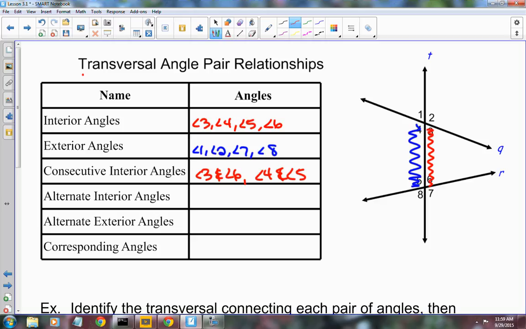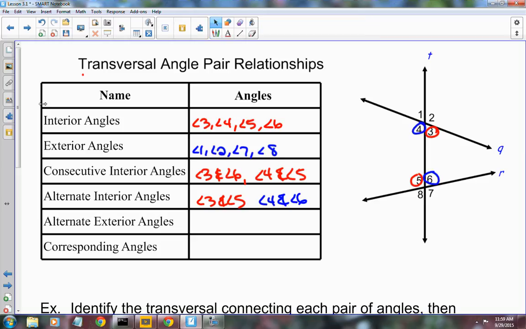Those are consecutive interior. Then the next ones are alternate interior. Okay? They alternate with each other. So they're on opposite sides of the transversal, diagonal with each other. So that would be like angle 3 and angle 5 would be one pair. And then my other pair would be angle 4 and angle 6. So those are alternate interior.